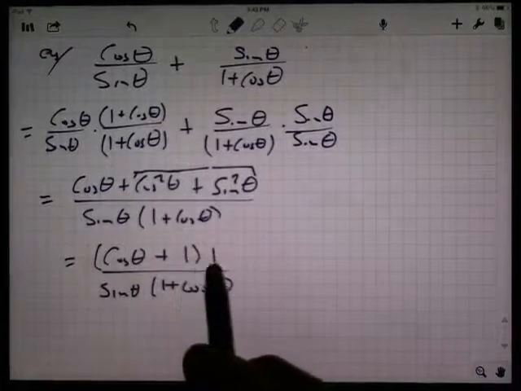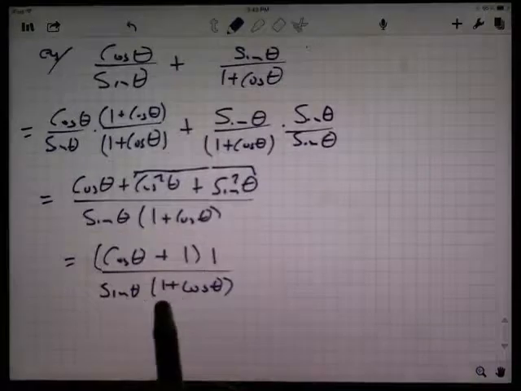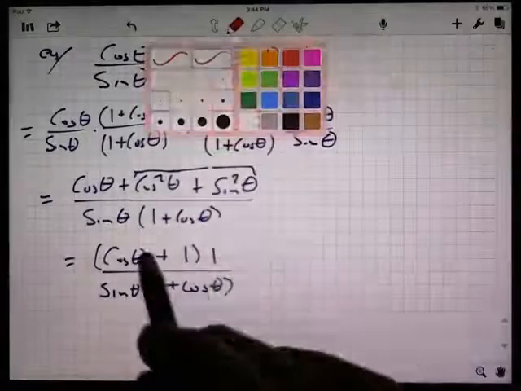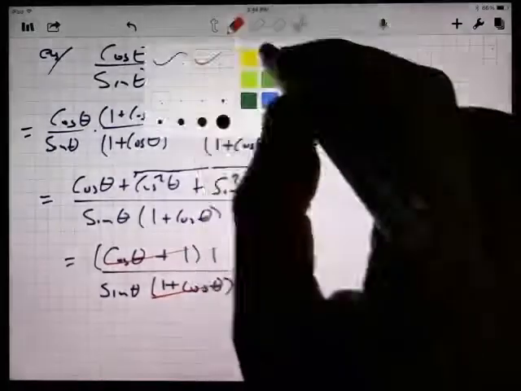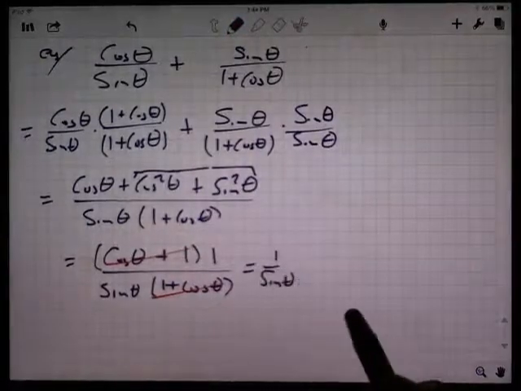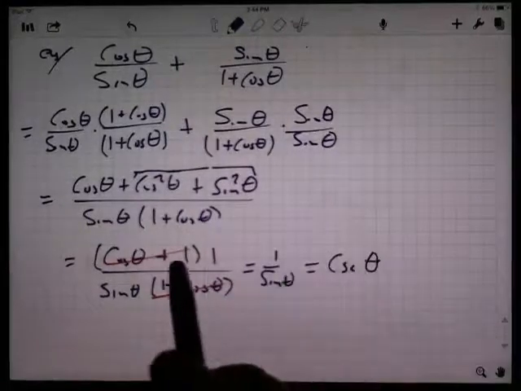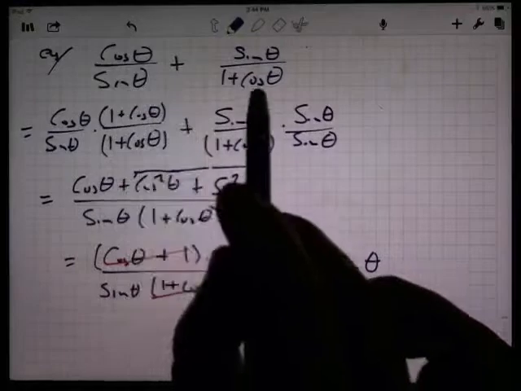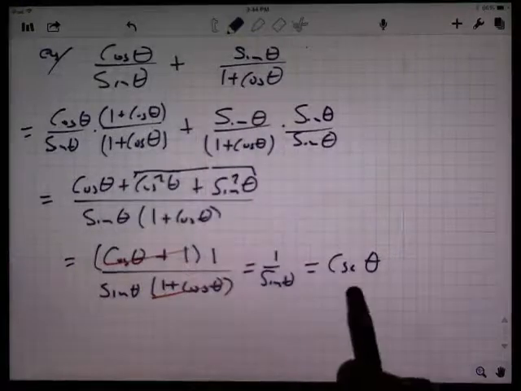So I've got the numerator factored as a product of two things, and the denominator factored as a product of two things, and it's the same factor on the top and the bottom. This is the same as that. So I end up with 1 over sine theta, which I can rewrite if I want as the cosecant of theta. So this whole big thing, this fraction plus that fraction, turned out to be equal to the cosecant of theta.